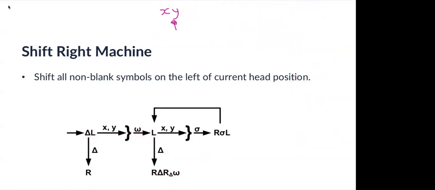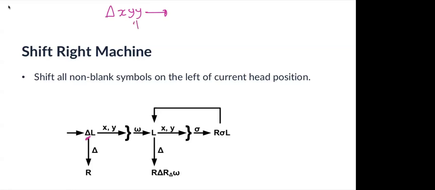Or let's say now we have a longer one, x, y, y, for example. Then we start with delta first, for example. So here we do the first machine.